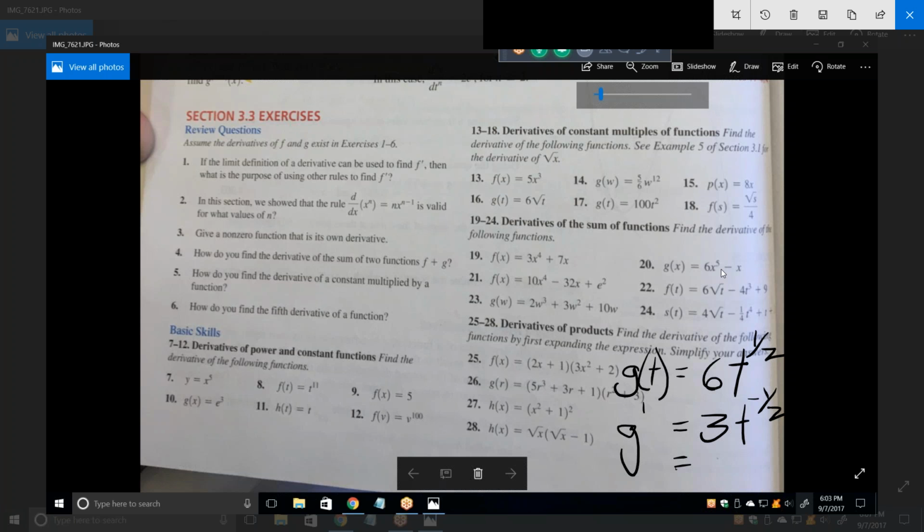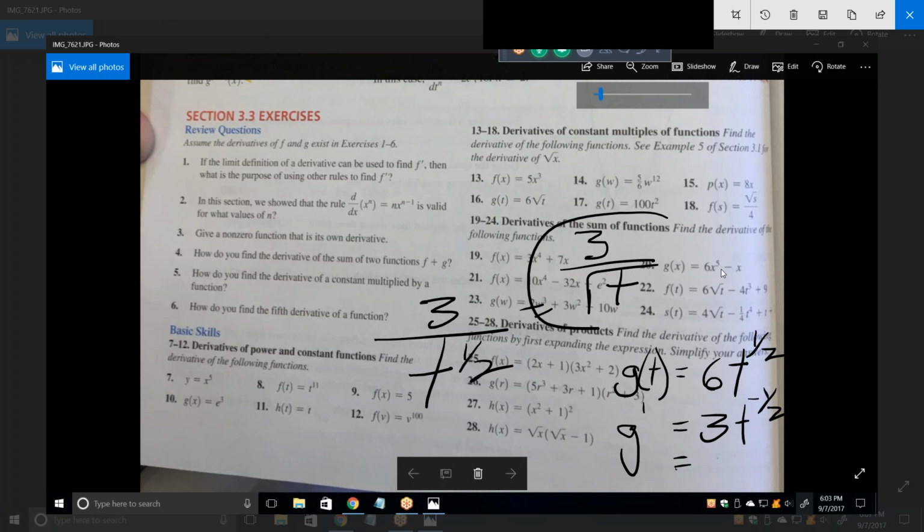So it's 3 over t to the 1/2, which is the same as 3 over the square root of t. So there's your answer. But I wanted to make sure you knew how to get from one of those to the other, because you've got to be able to go back and forth all the time between these. Okay?